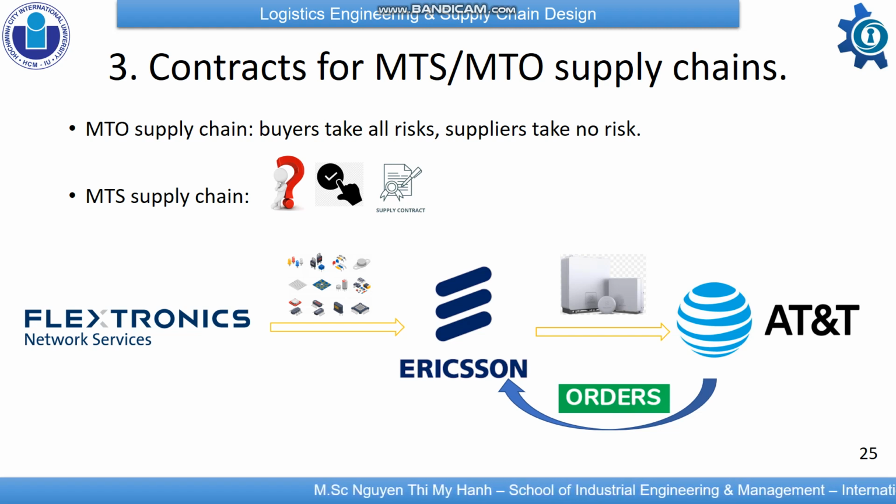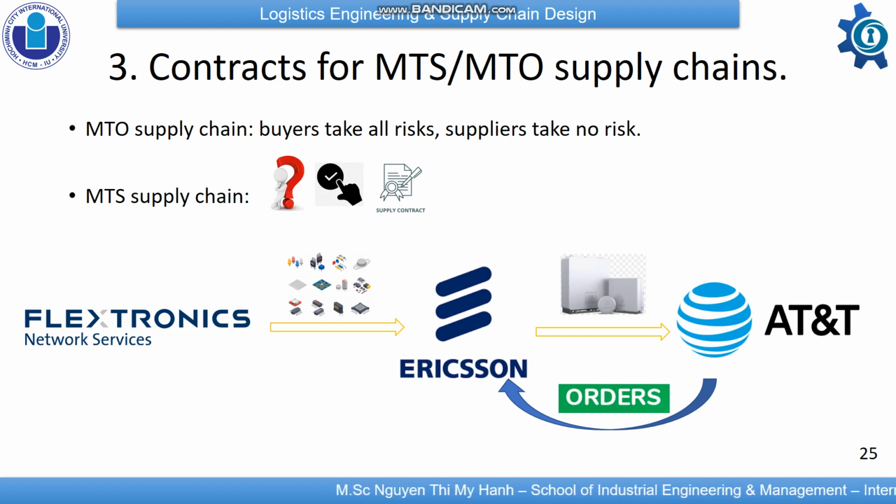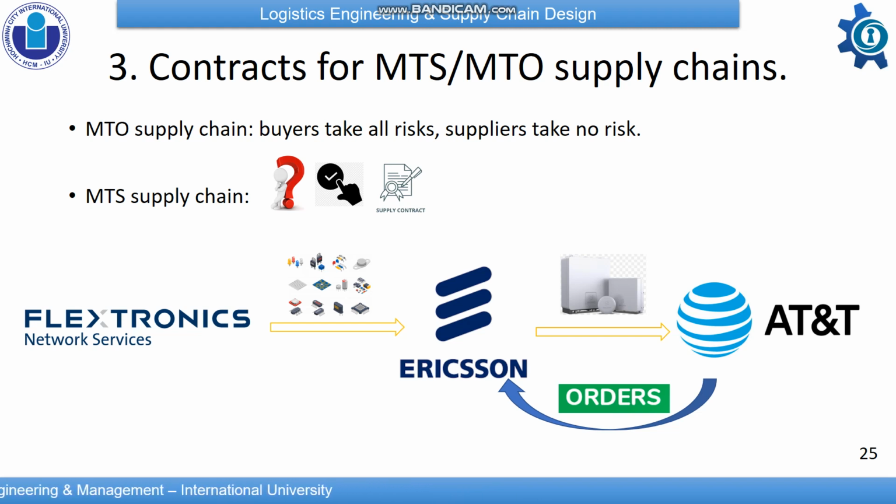It means the sequential supply chain analyzed earlier, and the supplier takes no risk while the buyer takes all the risk. That's why they need risk sharing contracts, like revenue sharing and so on, so the supplier can share the risk with the buyer.